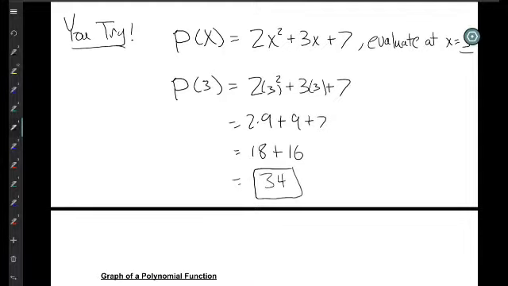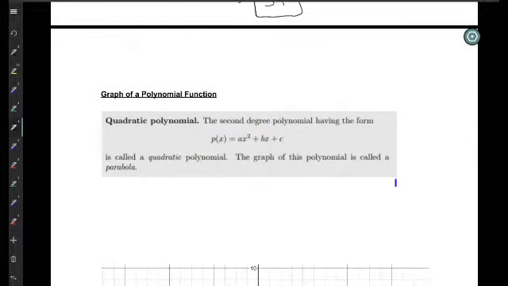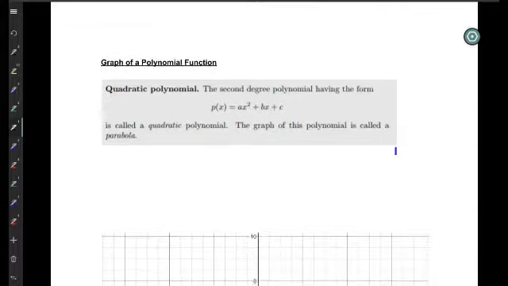Alright, so the graph of a polynomial function. This is the standard form of a quadratic polynomial. You have a polynomial function, p of x, and then you have ax squared plus bx plus c.